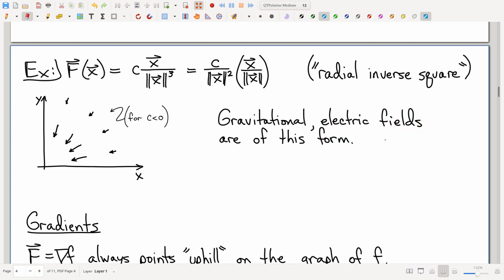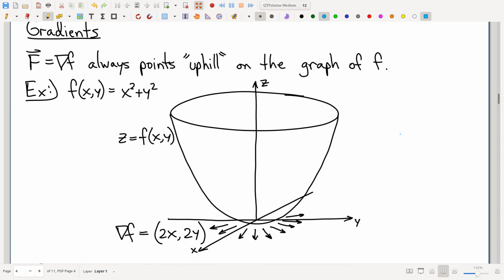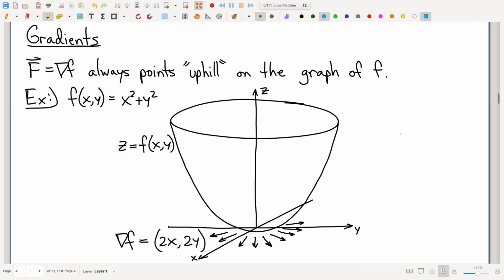All righty. Another observation. This is a pretty straightforward observation. We've talked previously about gradients. We know gradients point uphill on the graph. What I have not previously observed is that gradients are actually vector fields. And we didn't have any particular need to previously. We didn't have any context for doing it.